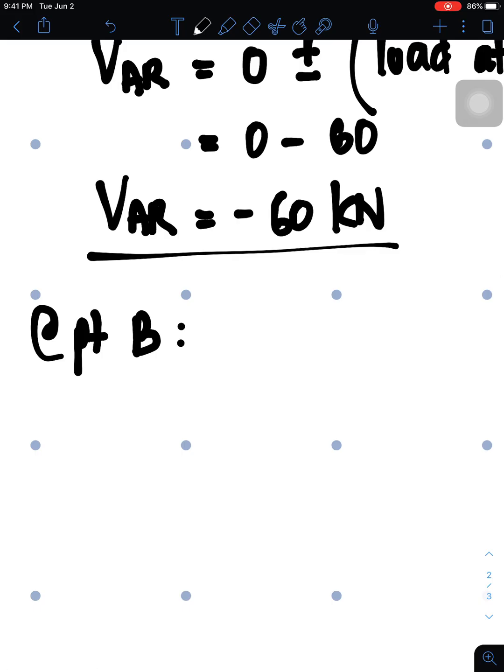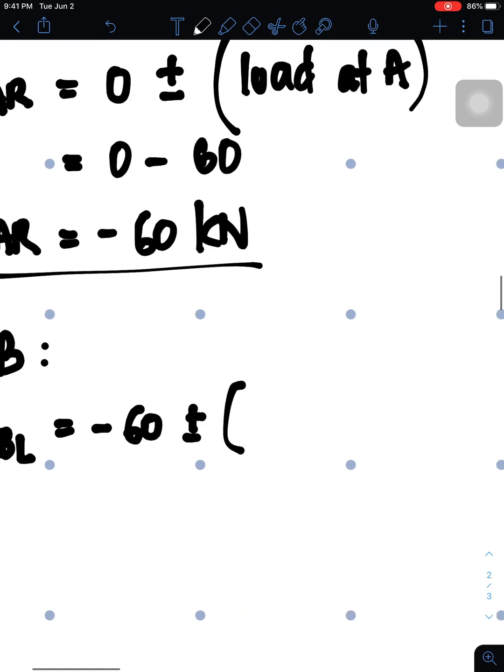So this is VB left, and you copy the previous value, which is negative 60, and then plus or minus the load from A to B. I'm not writing the shear word anymore, since it's understood now. We're looking at not the area, but the load rather.